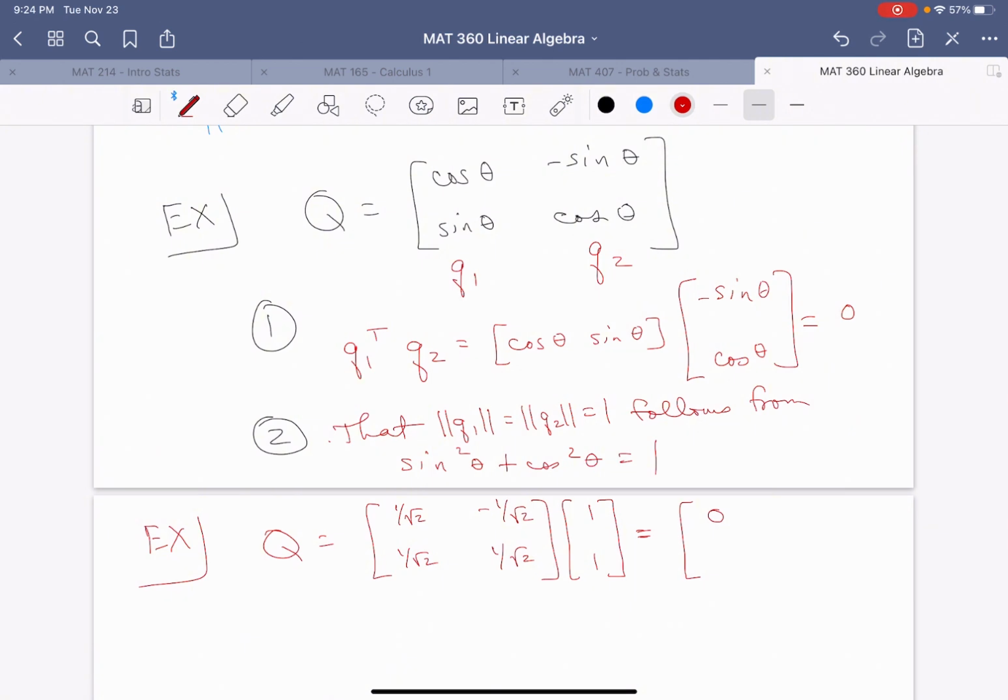And then the second component would be 2 over the square root of 2. Is that right? Yeah, 2 over the square root of 2, which is the square root of 2.